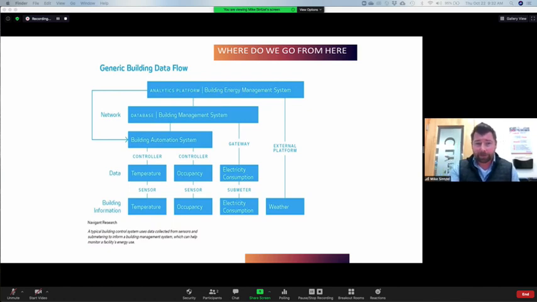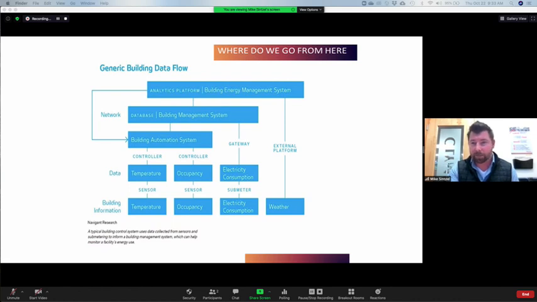You have your building management system, you have your database, you have your automation systems, temperature, occupancy, electricity, controls, then your outside weather platform, which will determine how your thermal is controlled on the inside of your building. This is a network building flow chart, and this is how we look at systems.